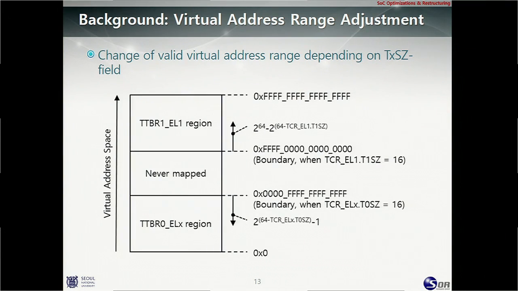This figure shows how a valid virtual address range varies depending on the value of TxSZ. For the lower half virtual address space mapped by TTBR0, TxSZ determines the top bound, and for the upper half virtual address space mapped by TTBR1, the TxSZ determines the bottom bound.